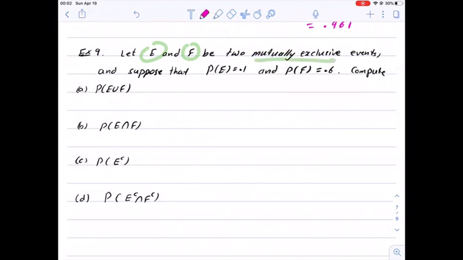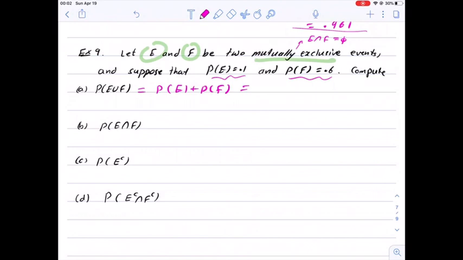The last example in this lecture is the following. We have two events, E and F, mutually exclusive, and as we mentioned before, mutually exclusive means the intersection is phi. Suppose that probability of E is 0.1, probability of F is 0.6. What is the probability of the union? The probability of the union is probability of the first plus probability of the second.